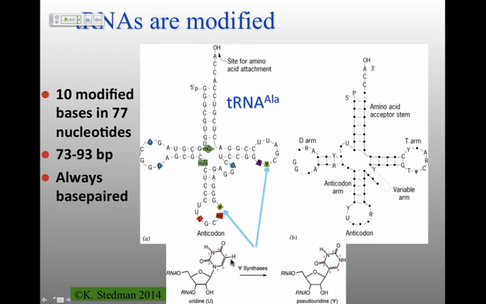Let me show you what some of these modifications look like. Uridine to pseudouridine. Basically, what happens here is you take the uridine base and flip it over 90 degrees. So this nitrogen ends up over here. Your double bond is switched, and now you have a bond between your sugar and a carbon. There's a pseudouridine synthase which does this.